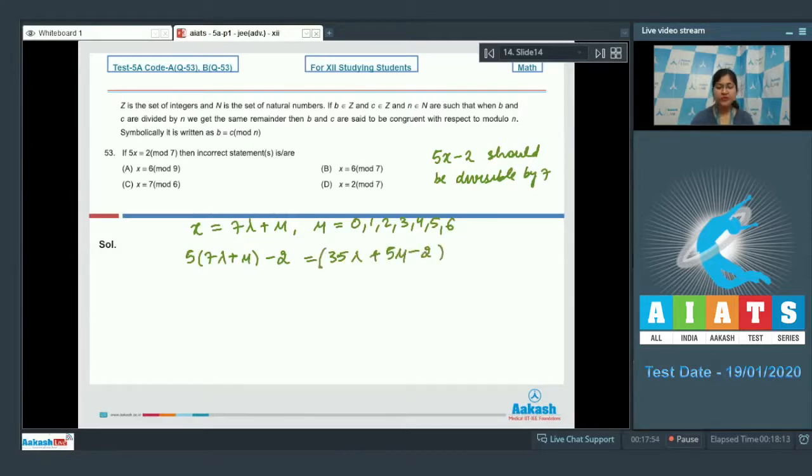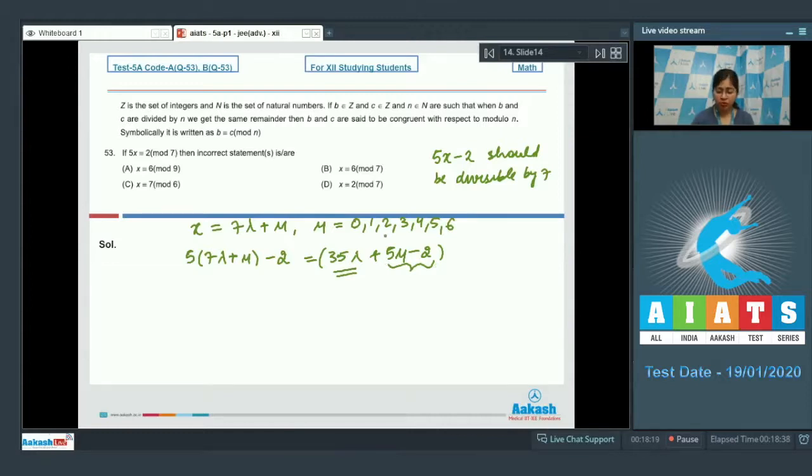Now this should be divisible by 7. Now 35 lambda is always divisible by 7, which means that 5 mu minus 2 should also be divisible by 7. Now let's put mu equal to 0. So we get minus 2, which is not divisible by 7. When we put mu equal to 1, we see 3 is also not divisible by 7.